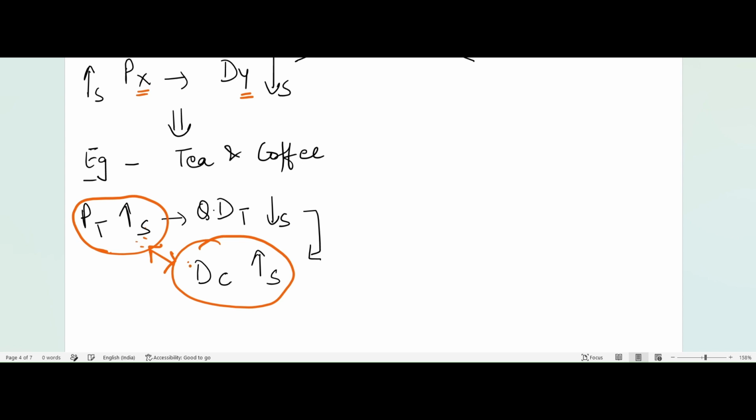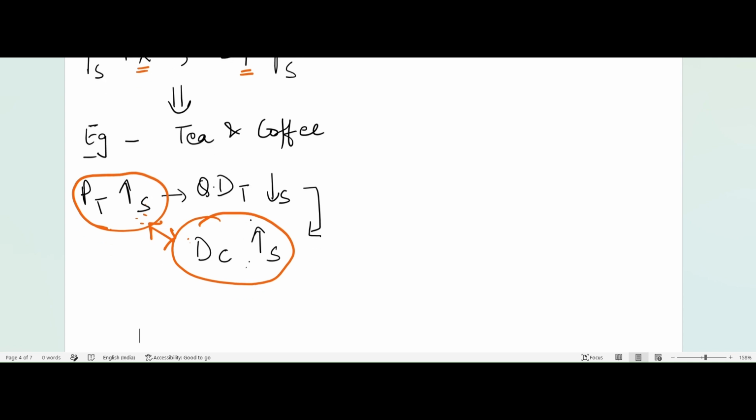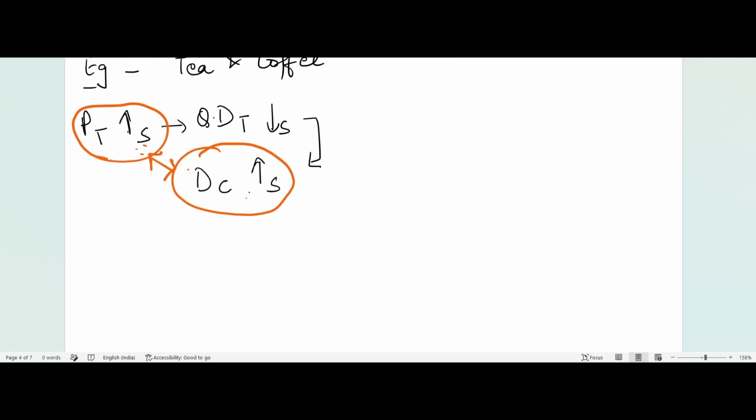If the price of one product increases and the demand for the other product also increases, then this kind of goods are called substitute goods.